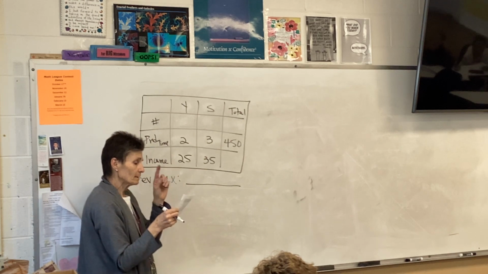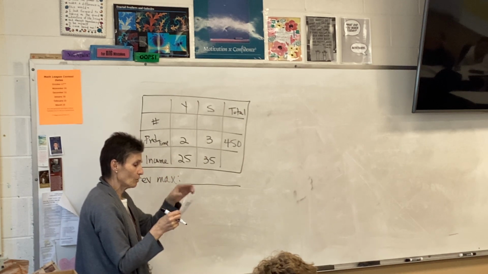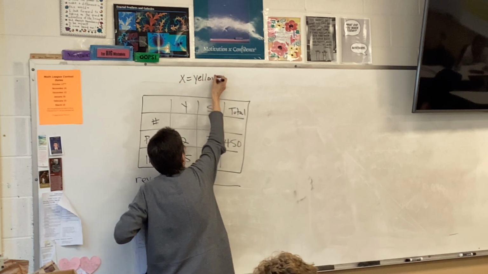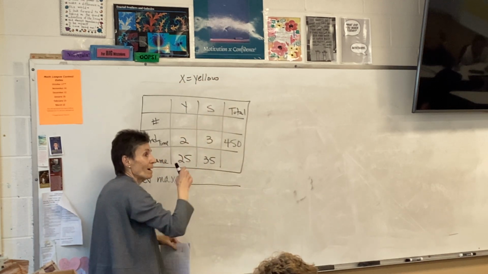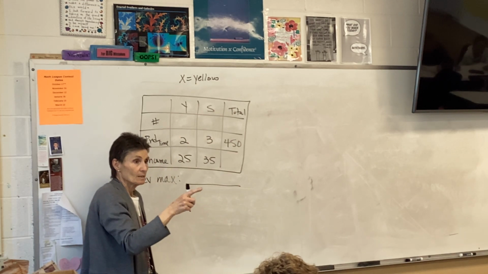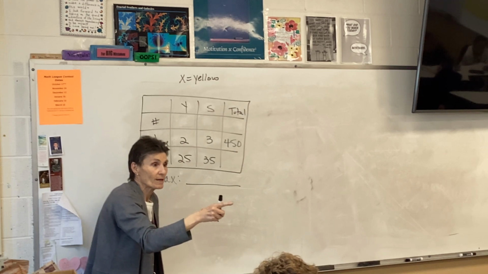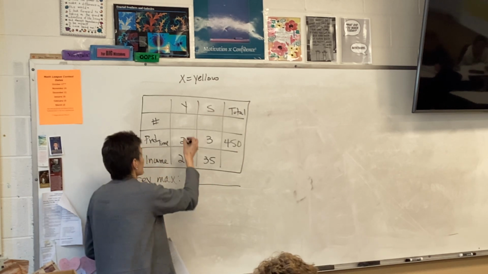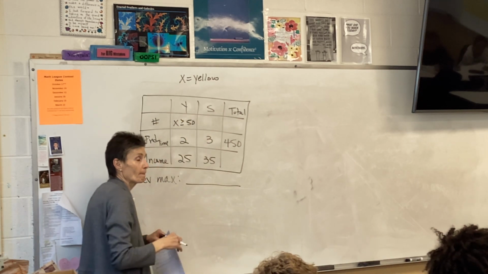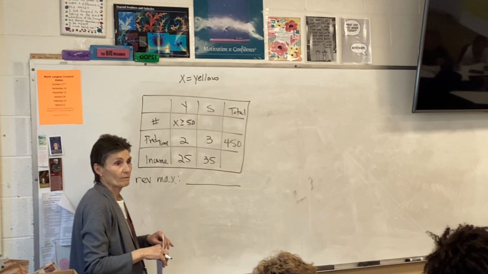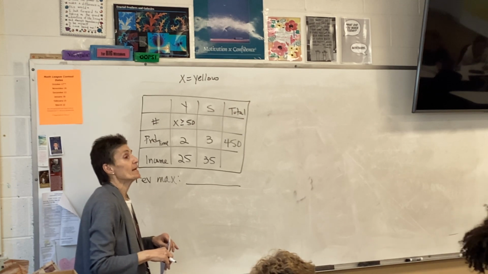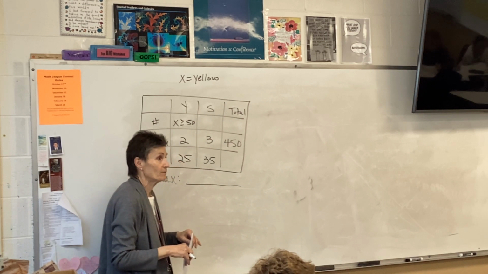You need at least 50 yellow cakes. So if I let X be yellow, what can you tell me about the number of yellow cakes I'm making? Greater than or equal to 50. So this is like a fixed interval, only there's no top on it. However many yellow cakes I make, it has to be greater than or equal to 50.